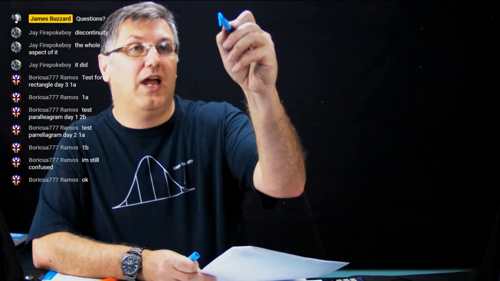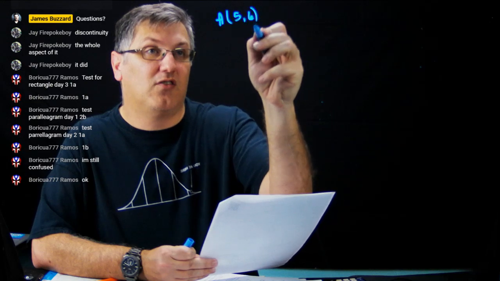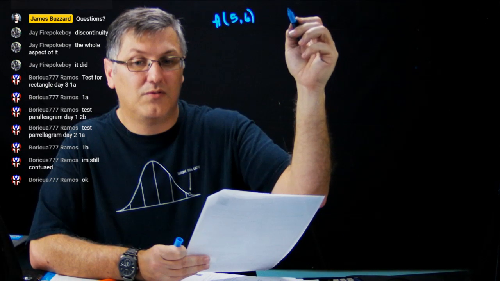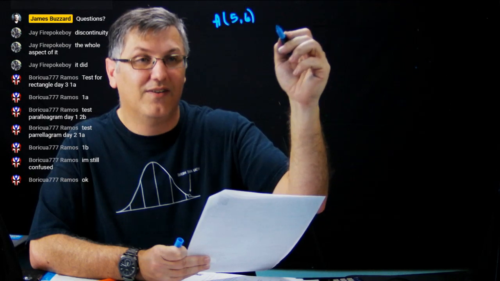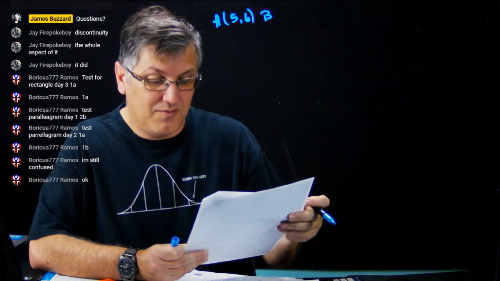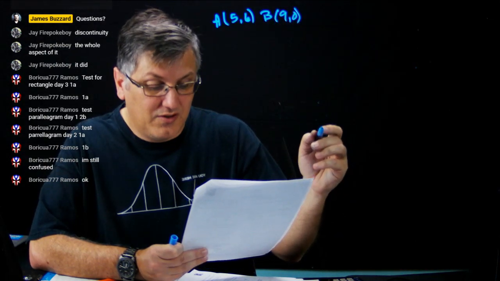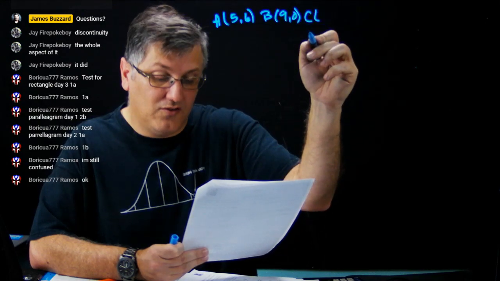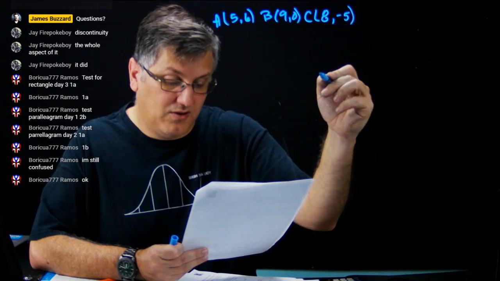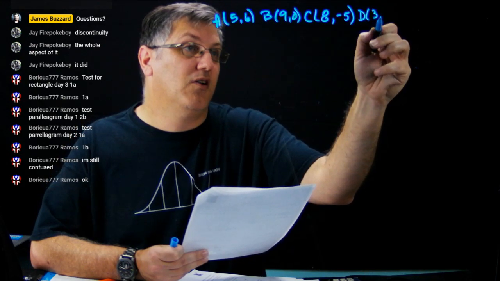So we have point A, which is 5, 6. B is 9, 0. C is 8, negative 5. And D is 3, 2.